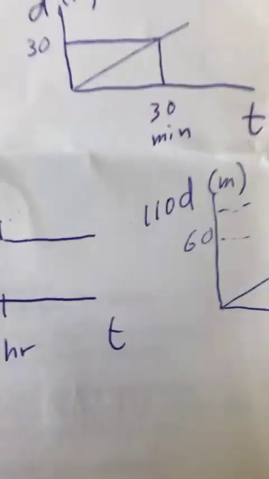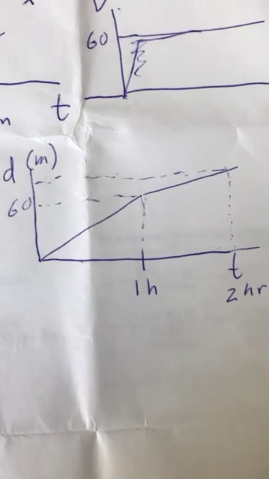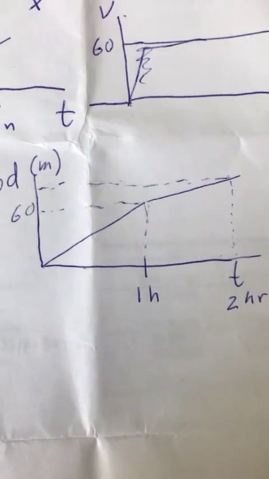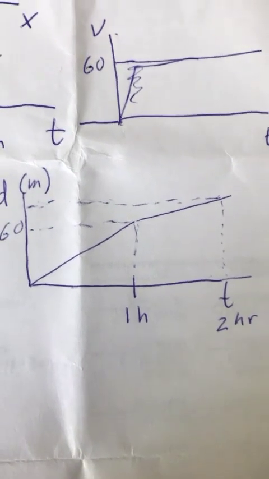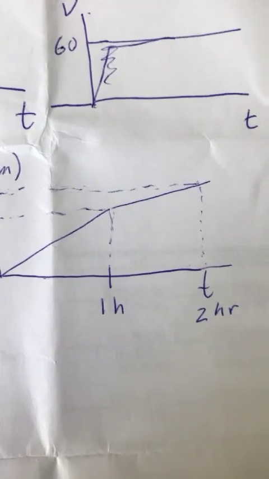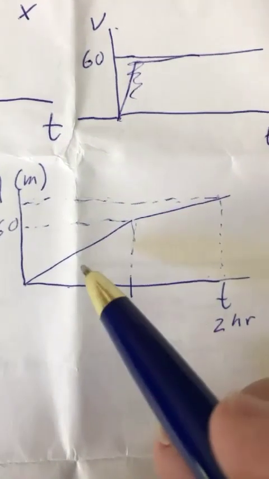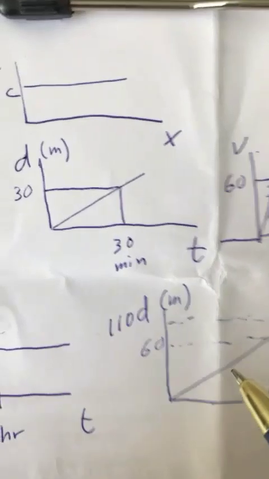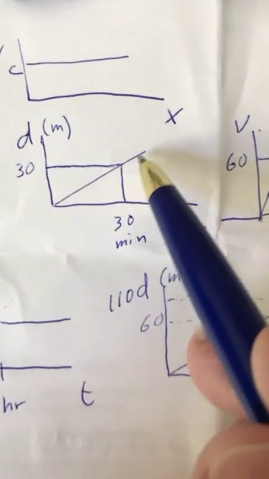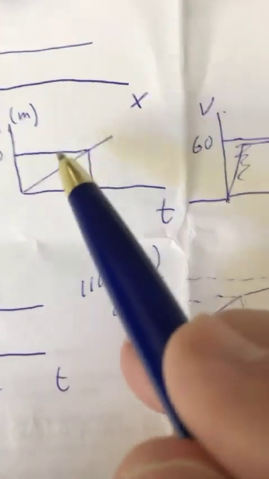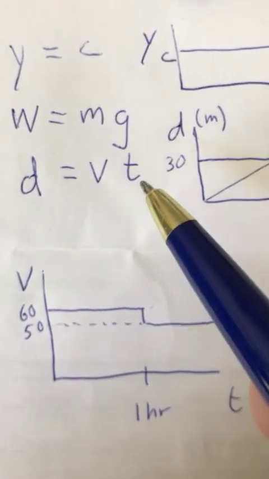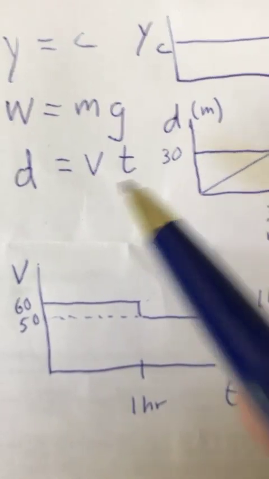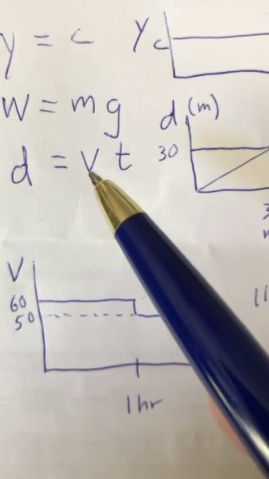So that's a piecewise continuous function, and this function is called a linear function, but it's only piecewise linear, because whereas this function was linear, that is, it's a line when d equals vt and v is a constant, this is a linear function.